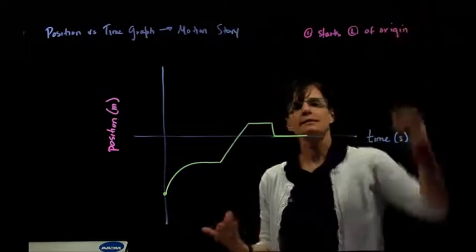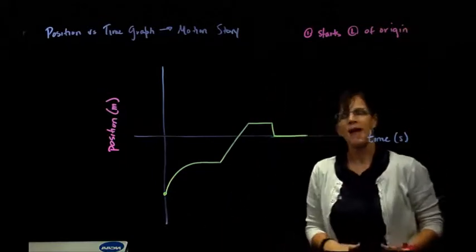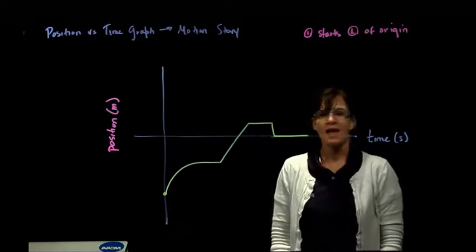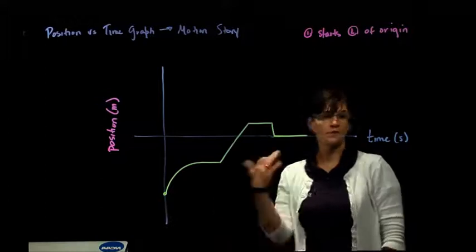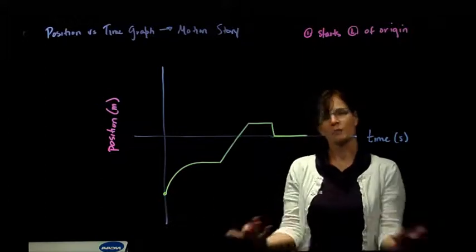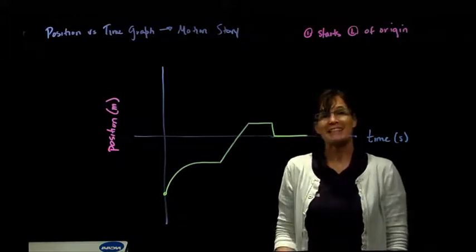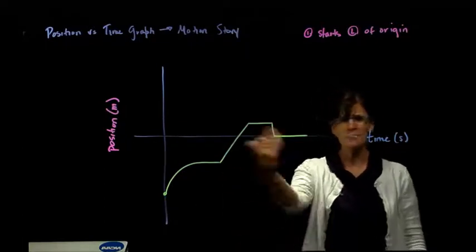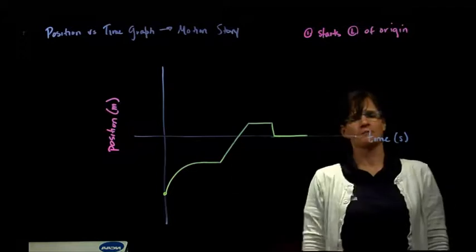So let's say I'm hanging out at the Memorial Student Center, and I'm going to call Jarvis Hall the origin. Depending on how I'm looking, the Memorial Student Center is left of the origin, and Jarvis Hall is the origin. All right. So I'm starting left of the origin.